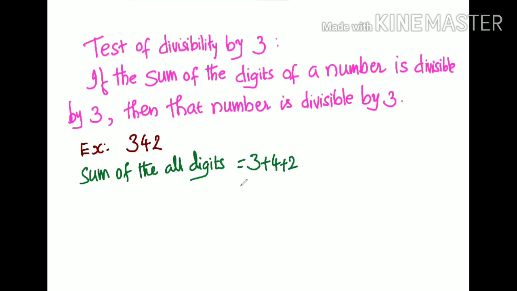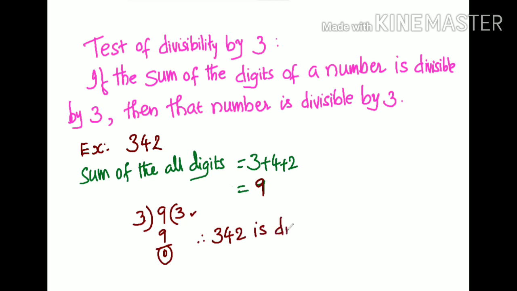That is equal to 9. Let us divide this 9 by 3. 3 3s are 9. So 9 is divisible by 3. Then we can decide that therefore 342 is divisible by 3.